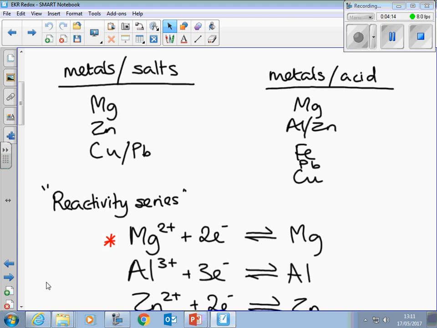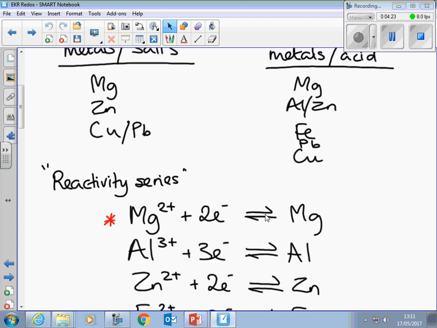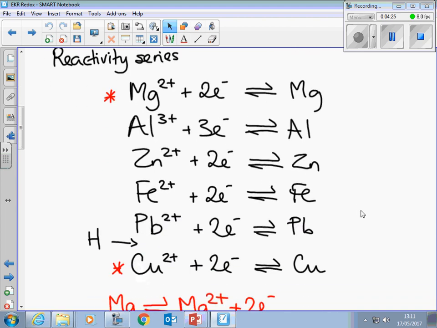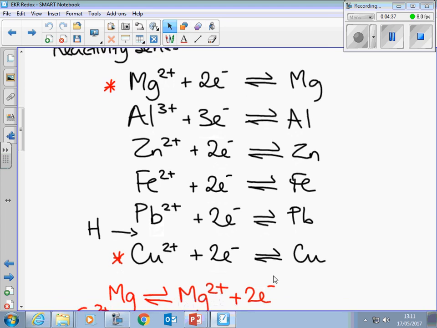You can look at it in terms of change of oxidation number, but this was almost a separate section, because what we were looking at was the idea that some metals give up their electrons more easily than others, and the way this then developed was into a reactivity series, or the electrochemical series, which is a much bigger version of this, about comparing the position of equilibrium, and that was the order that they were going to come in, where the ones at the top had their equilibrium much further to the left than those at the bottom.